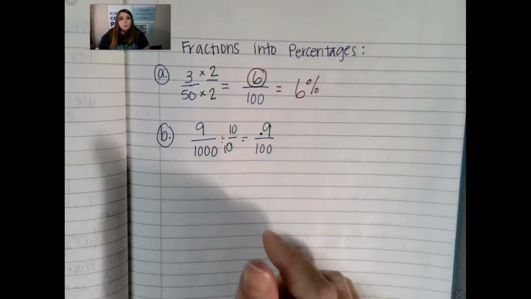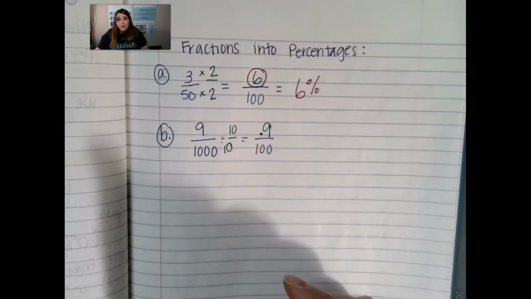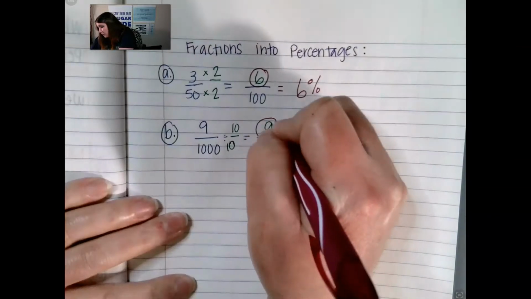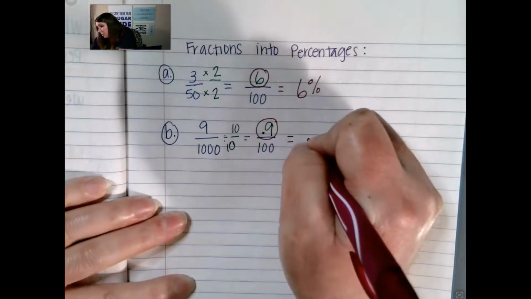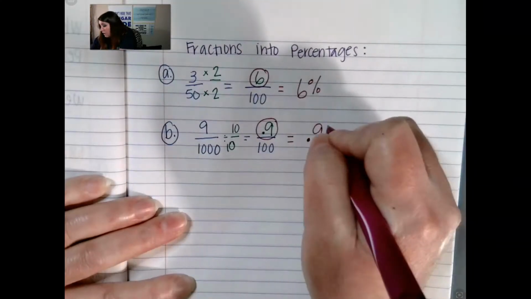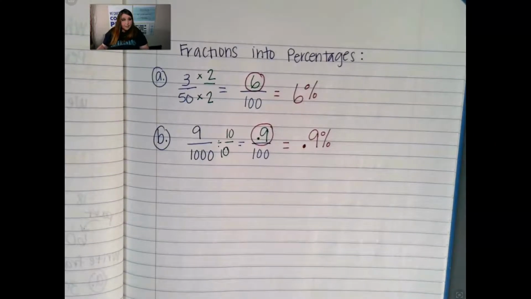We wouldn't normally write decimals in our fractions, but because this is a special type of ratio, it's okay. Now we can take this and turn this into a percentage, and we get 0.9 or 9/10 of a percent.